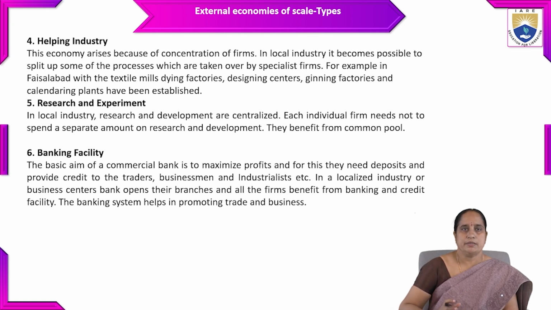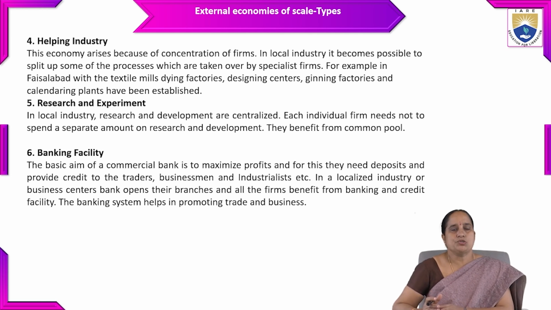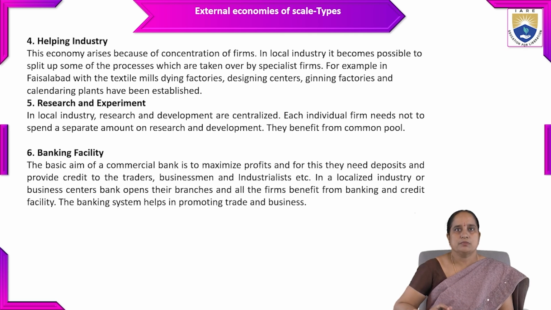Next, banking facility. The basic aim of a commercial bank is to maximize profits, and for this, they need deposits and provide credit to the traders, businessmen, and industrialists, etc. In a localized industry or business centers, banks open their branches and all the firms benefit from banking and credit facility.